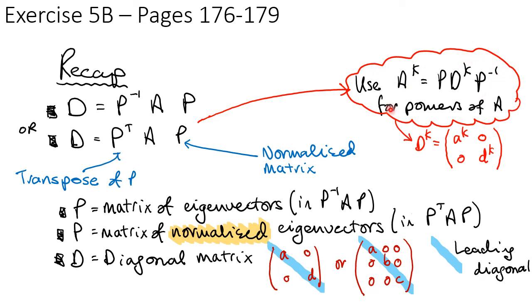Then we can perform this calculation here, because working out powers of a diagonal matrix is easy, because we just do powers to these diagonal elements here. We need to calculate P, the matrix of eigenvectors, and its inverse, and we could either calculate that manually or use our calculator, and then we can work out the whole thing either manually or using our calculator.